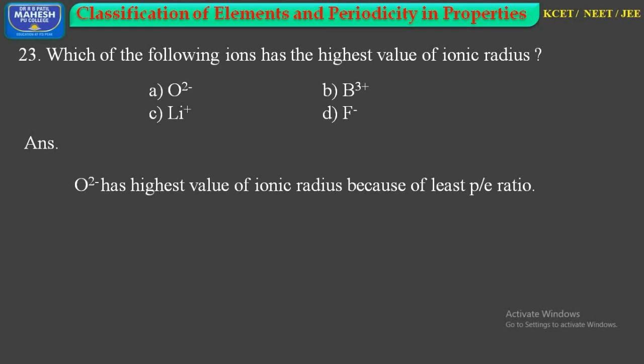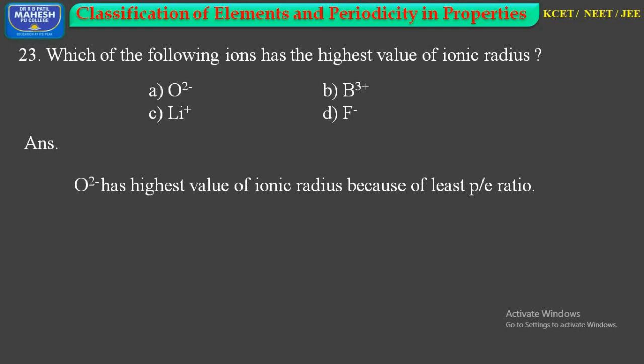to electron ratio. Number of protons in oxide anion is 8, whereas electrons are in total 8 plus 2 equal to 10.